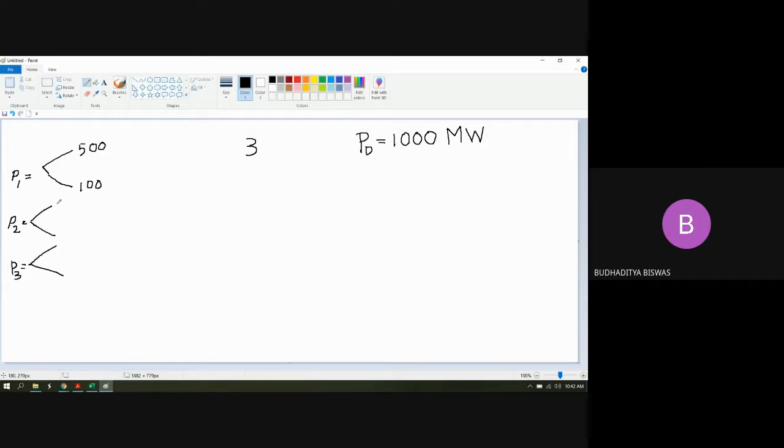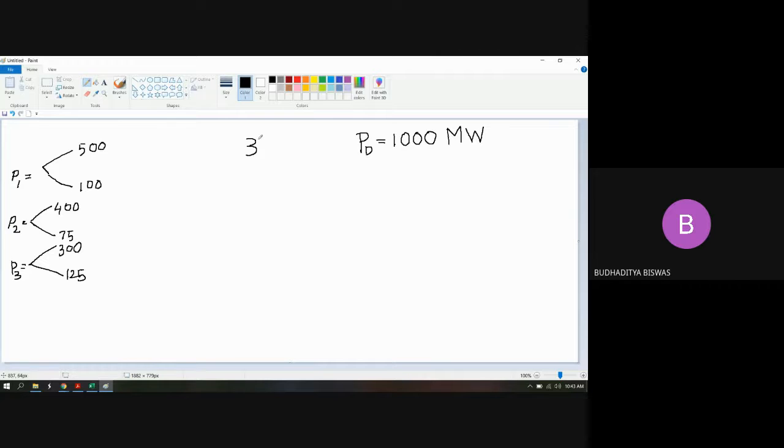Say for unit 2 the upper limit is 400 and the lower limit is 75, and for unit 3 it is 300 and 125. These are the things that should be given in the question.